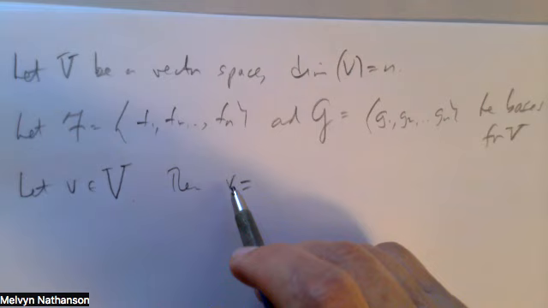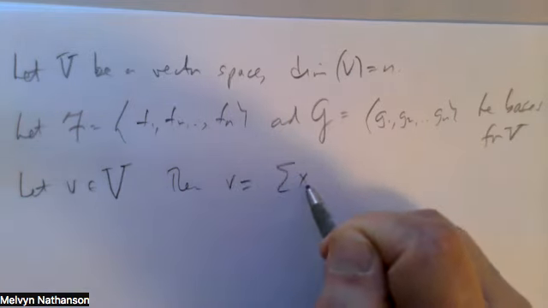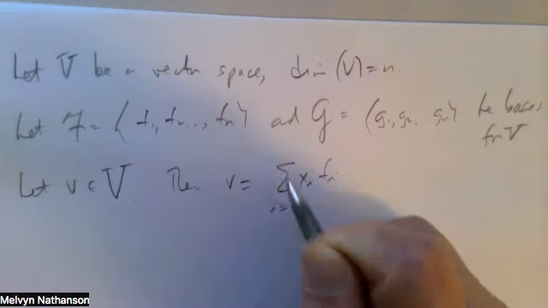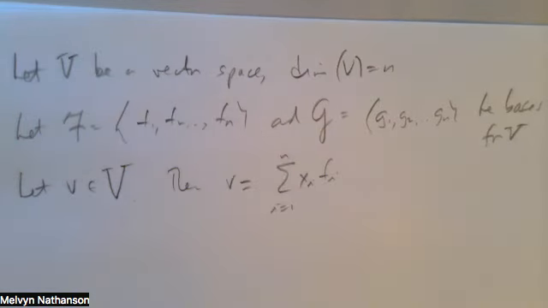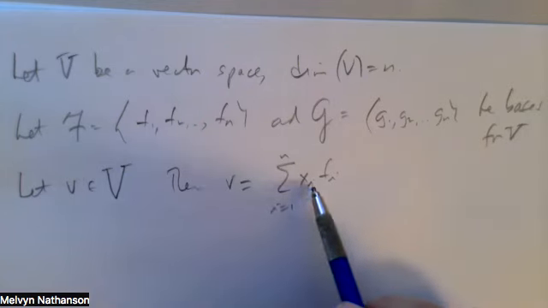Say this is the summation of xi f sub i, i goes from 1 up to n. And the coordinates x sub i are unique.